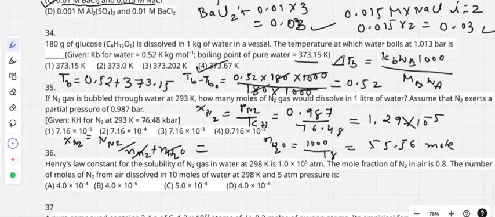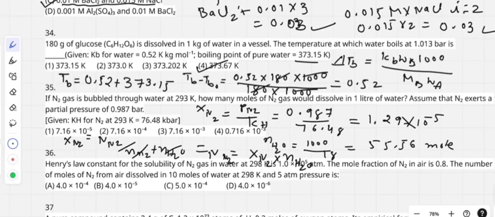So the number of moles of nitrogen is equal to the mole fraction of nitrogen multiplied by the number of moles of water.